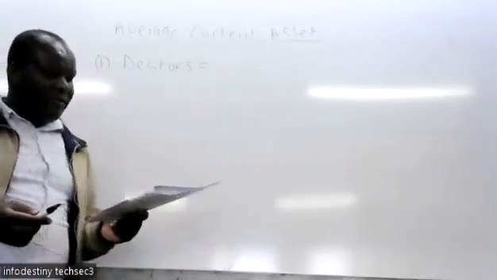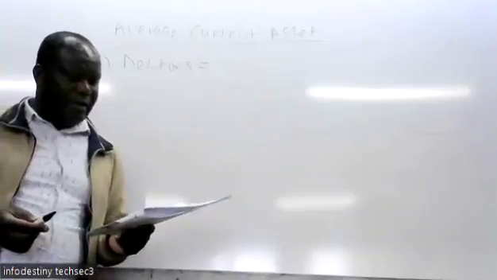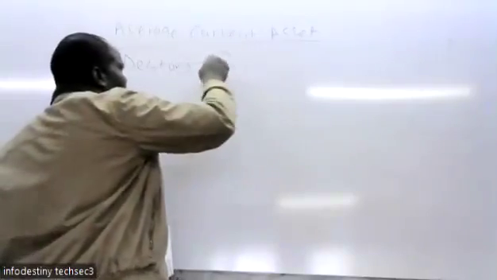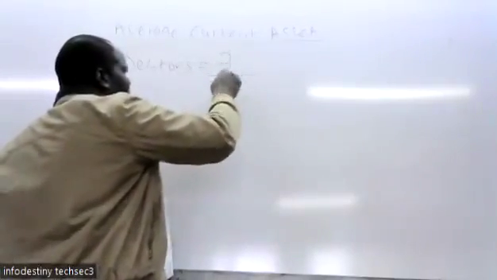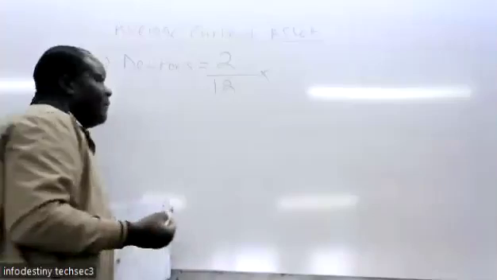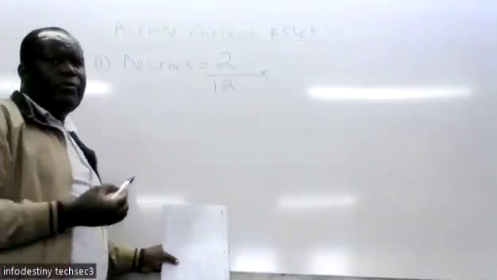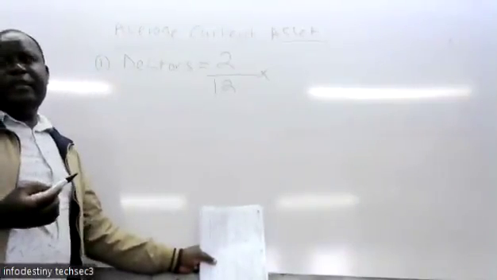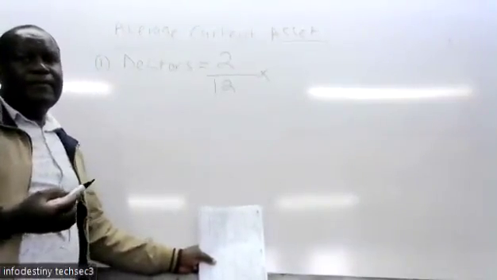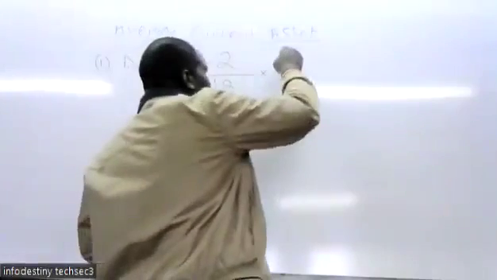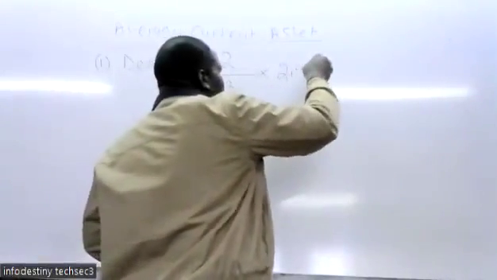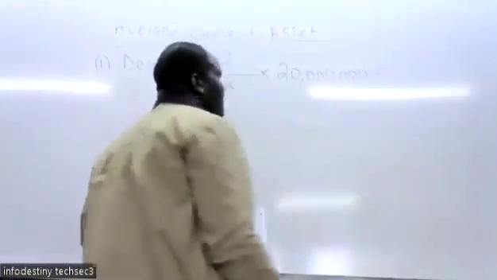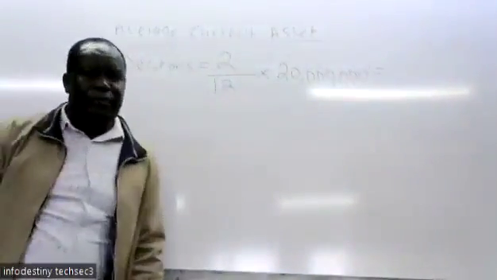It is 2 over 12, multiplied by what was there as the sales. Sales we got 20 millions. That should give you the debtors.